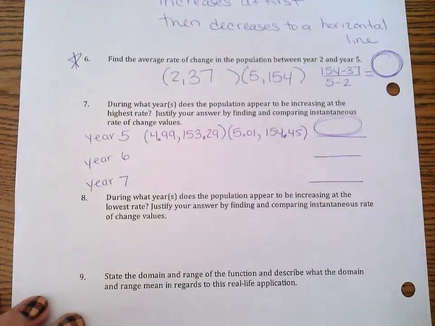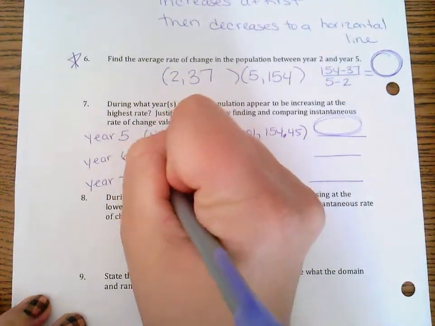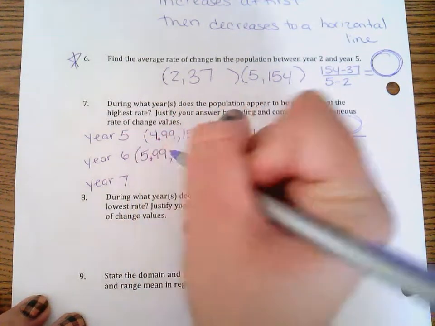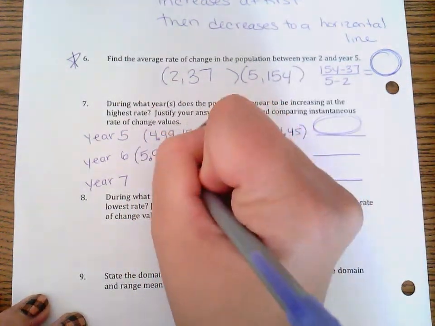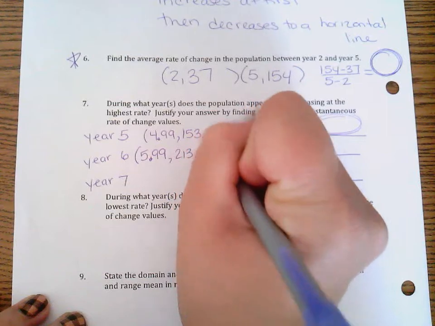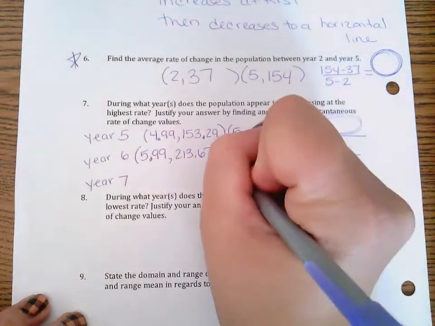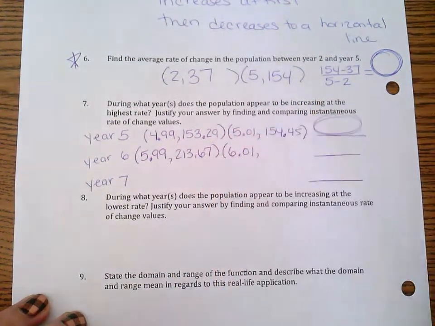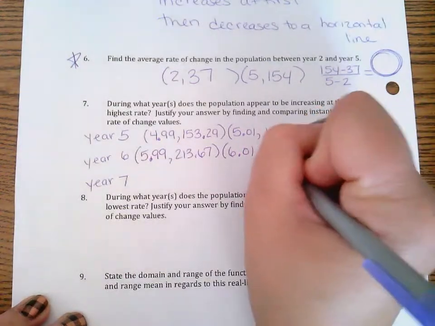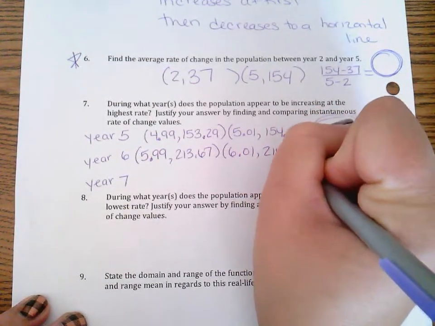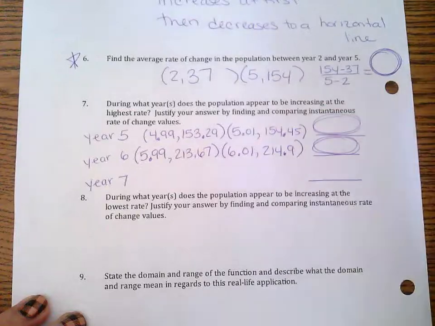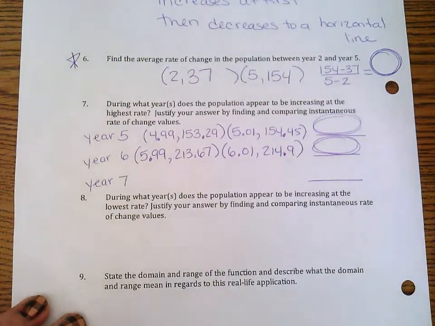Then I need to go to year 6. So in my table at year 5.99, the deer population was 213.67. And at year 6.01, the deer population was 214.9. Tell me what the instantaneous rate of change is there.